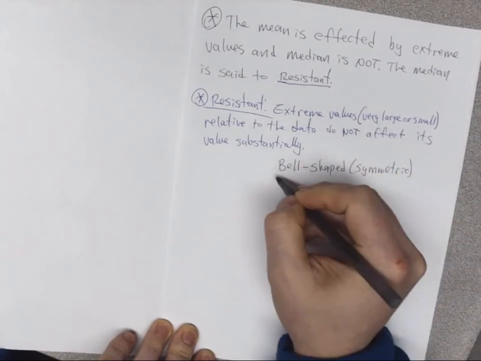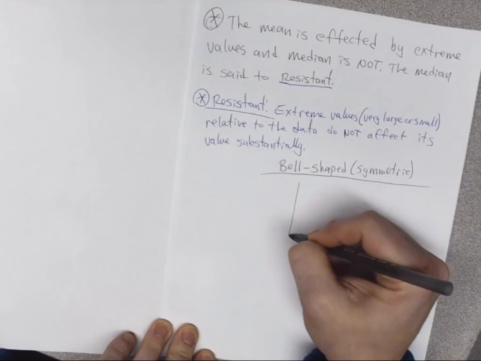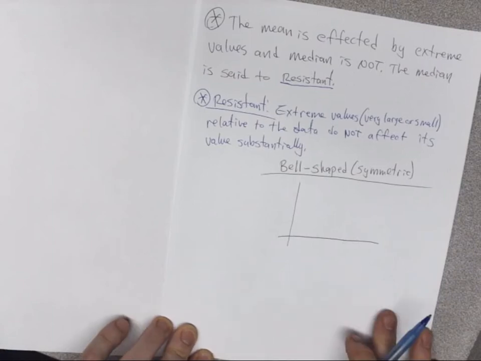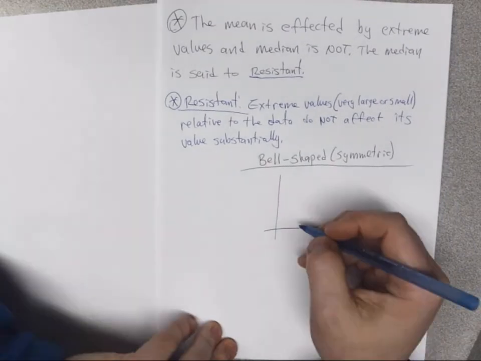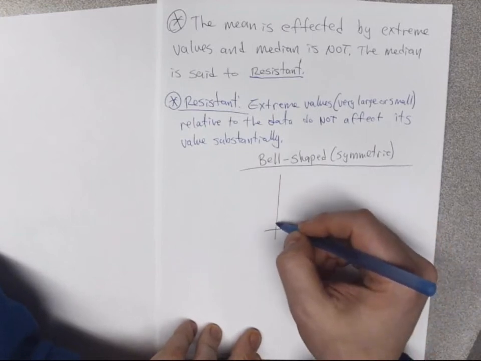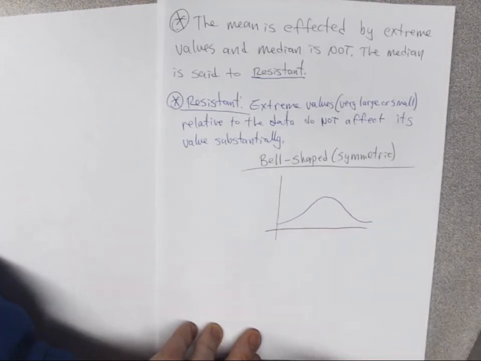And this is the ideal case. So you could have, say this is your chart here, and I'll try to make this as bell-shaped as possible, where it's even, symmetric on both sides.